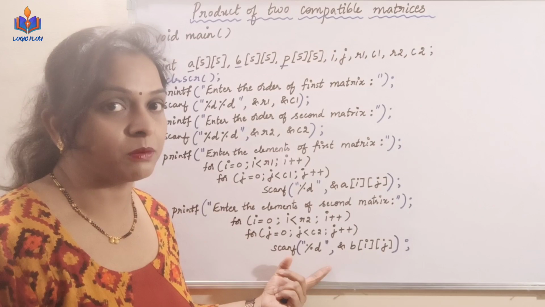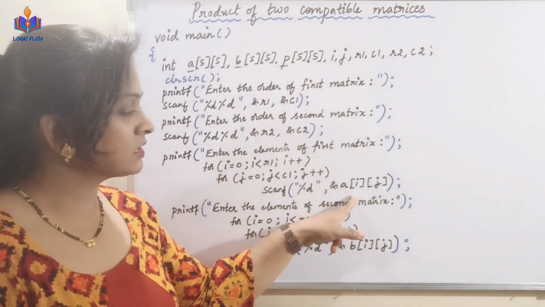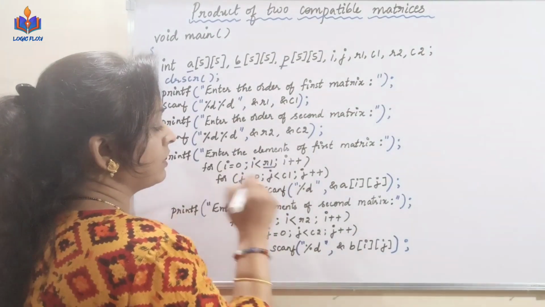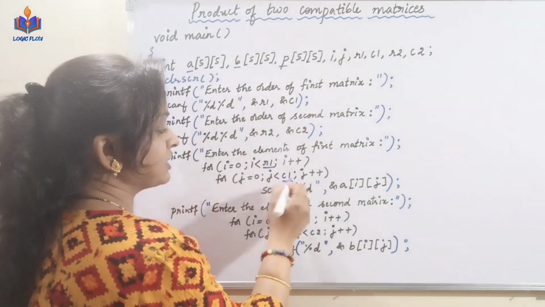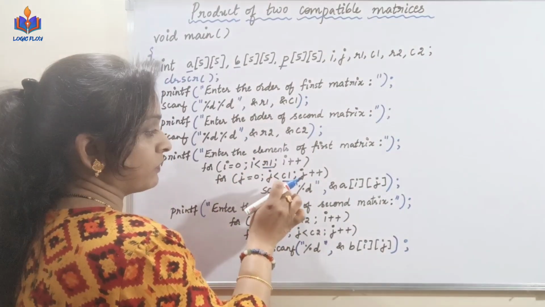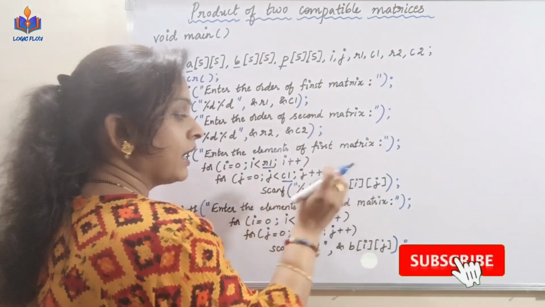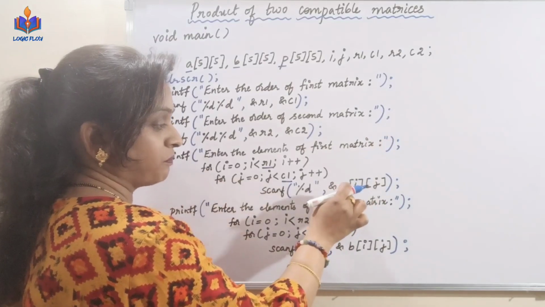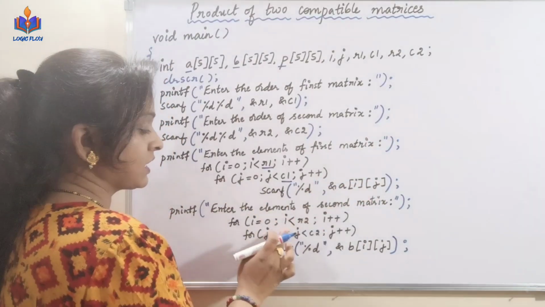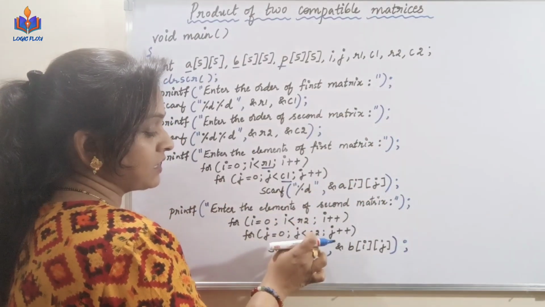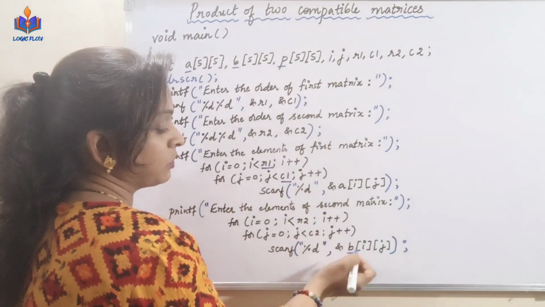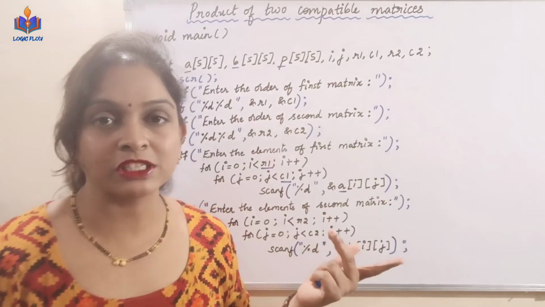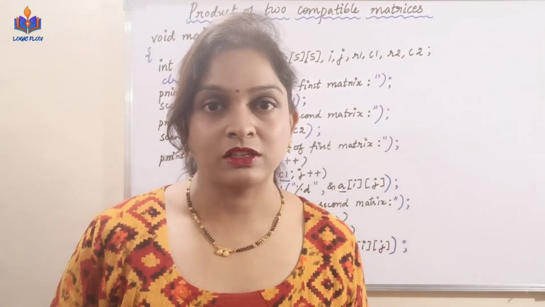So for the first matrix, I say I equal to 0, I less than R1 and J less than C1, row 1 and column 1, and read the elements into the address of A[I][J], that is the first matrix A. The same way for the second matrix, we say R2 and C2, and read the elements into B. So here it is A and here it is B. We will read the elements into the two matrices.